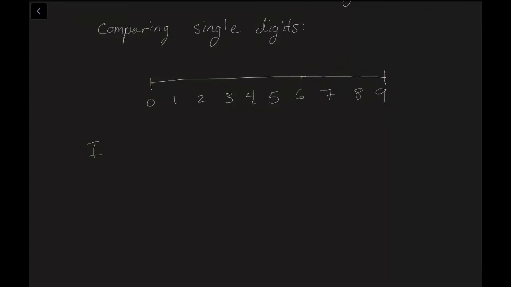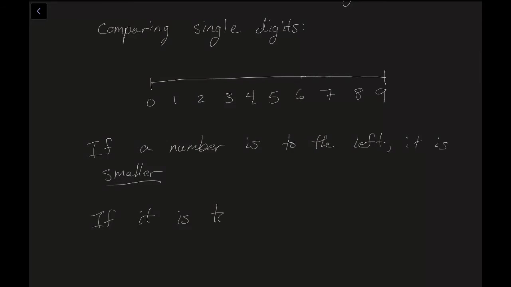So, if a number is to the left, it is smaller. If it is to the right, it is bigger.